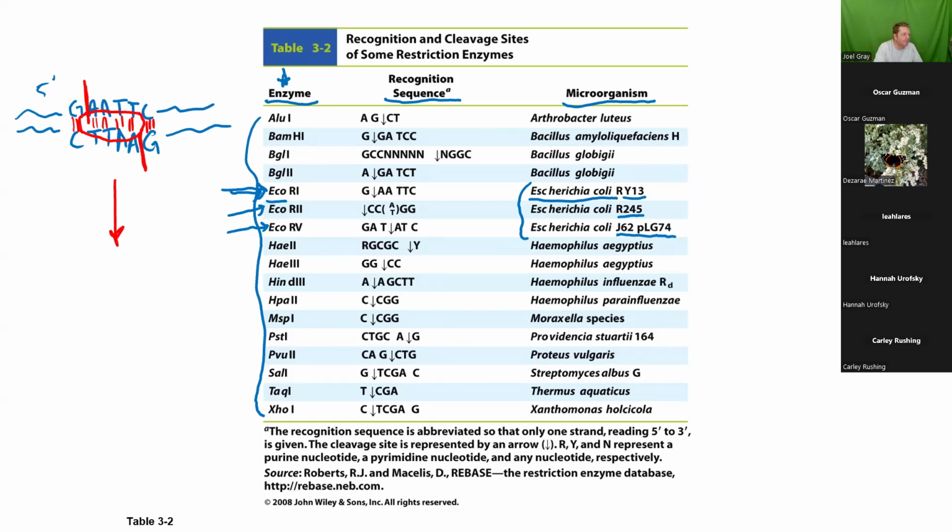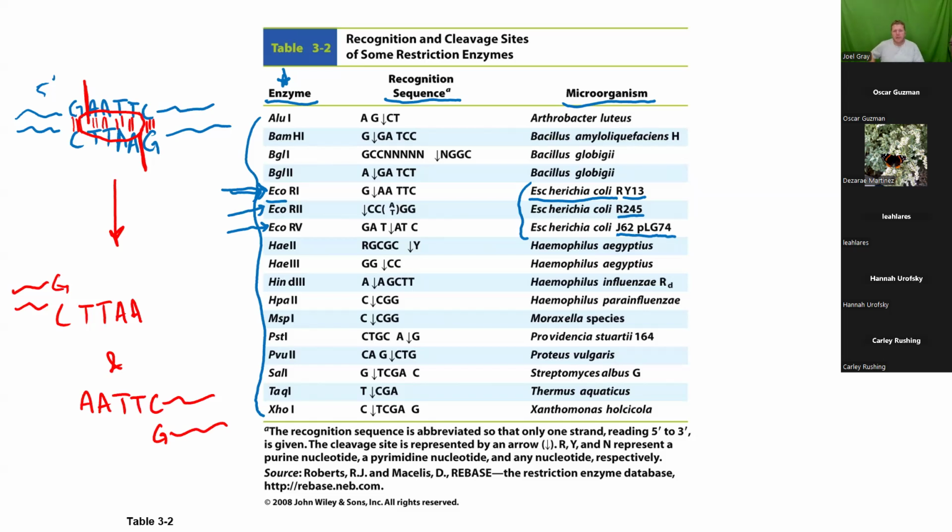You lose the structural integrity of this molecule. So what's going to happen is we're going to end up with products like this, GCTTA. And then here's another product, AATTCG. So those are the two products that are going to result from this.